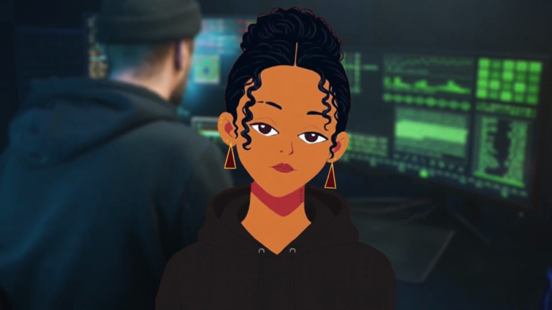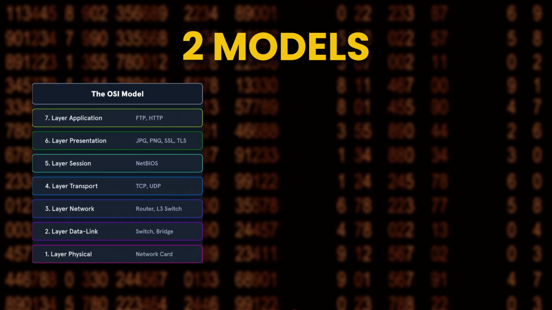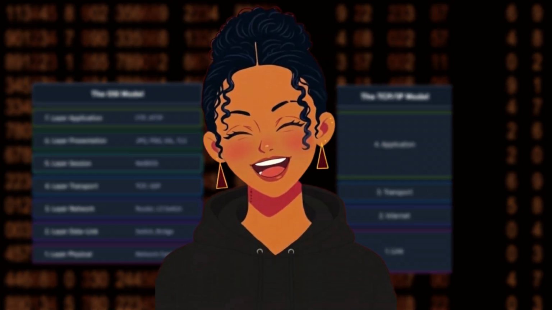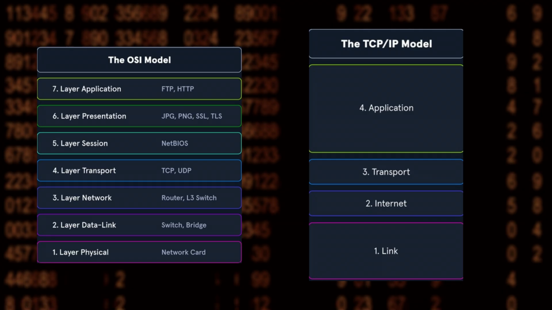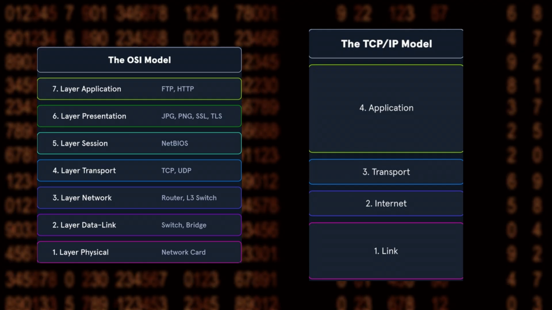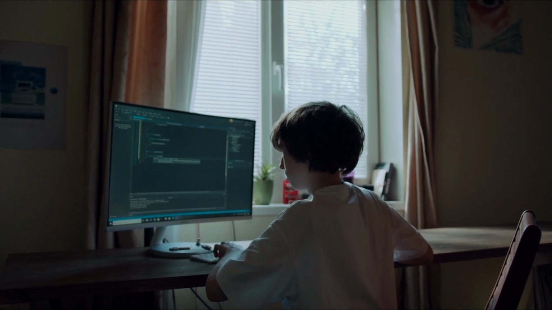So I want us to talk about two models in networking, being the OSI model and the TCP/IP model. So what exactly am I talking about? Practically, both these models are a framework that was created for us human beings to understand how computers talk to each other.